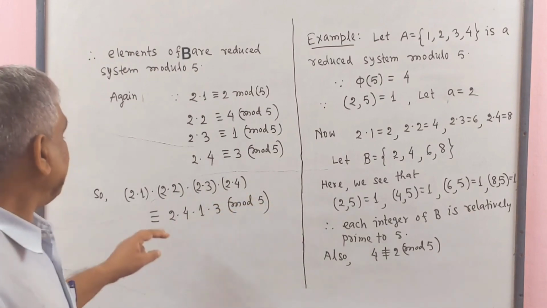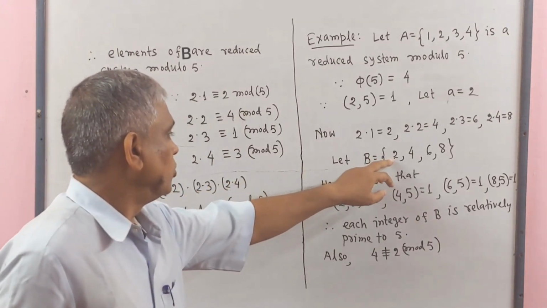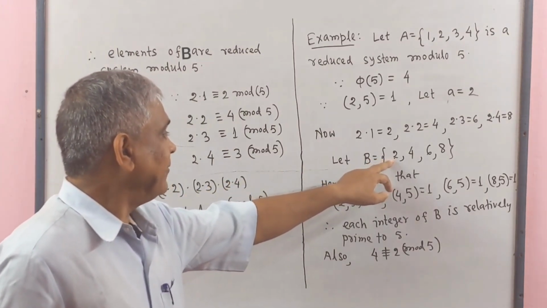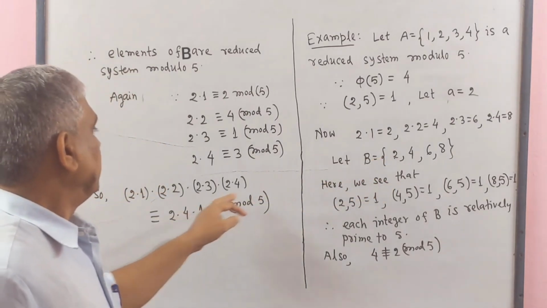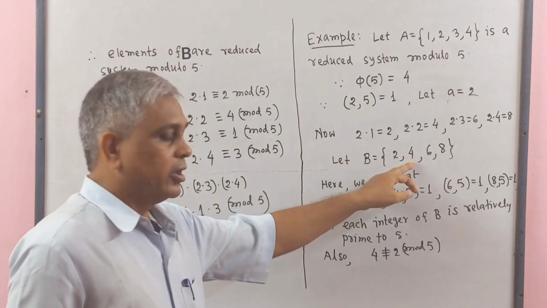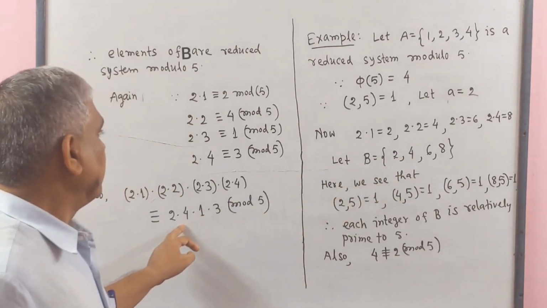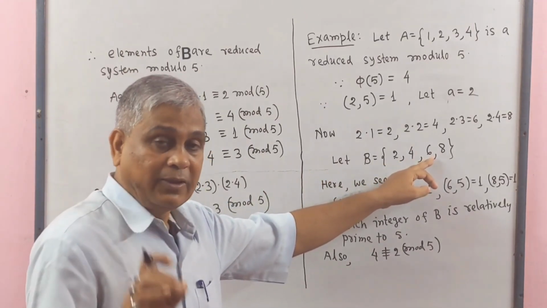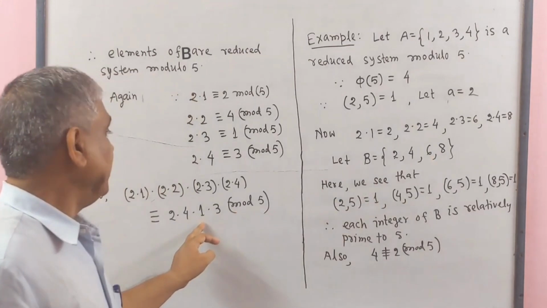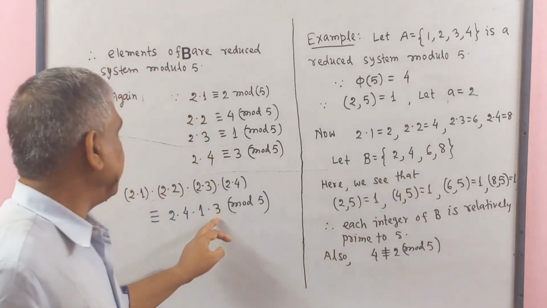Here we get that 2 when divided by 5 gets remainder 2, 4 divided by 5 gets remainder 4, 6 divided by 5 gets remainder 1, and 8 divided by 5 gets remainder 3.